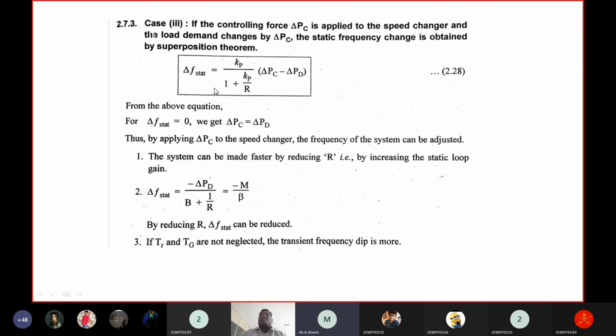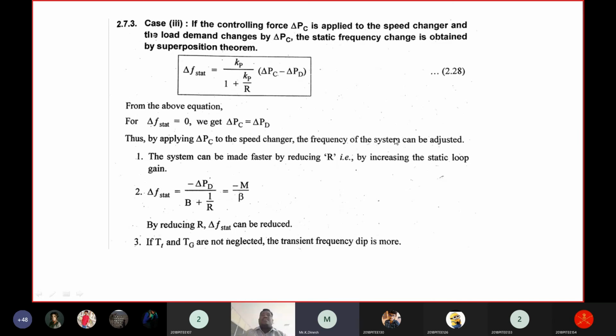So del F stat equals KP by 1 plus KP by R times del PC minus del PD. So from the equation I am equating del F stat to 0, and one case is del PC equal to del PD. So if del F stat is 0, the controller input equals the disturbance input.